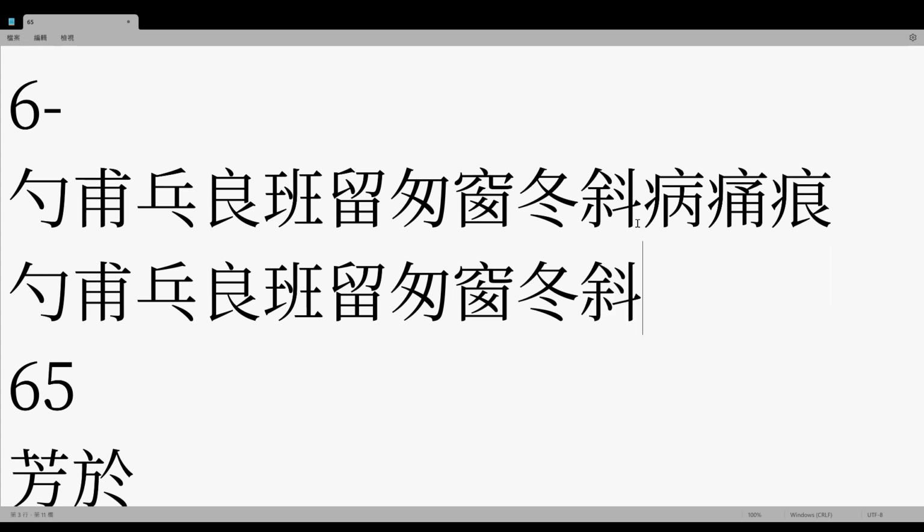Alright, the next exception in 6 middle key is right here, this radical. So I know it begins with dot 6 but ends with 2 8, but this is an exception.